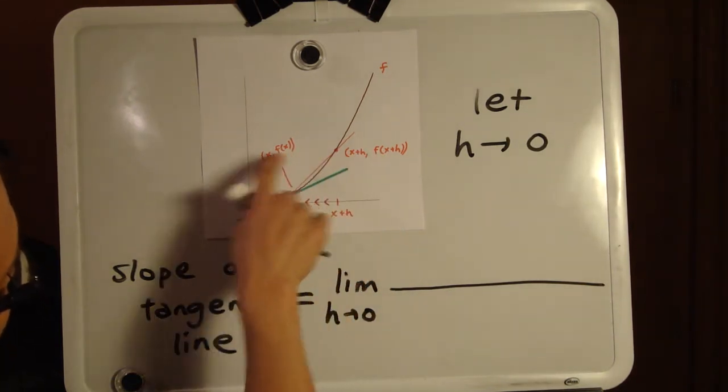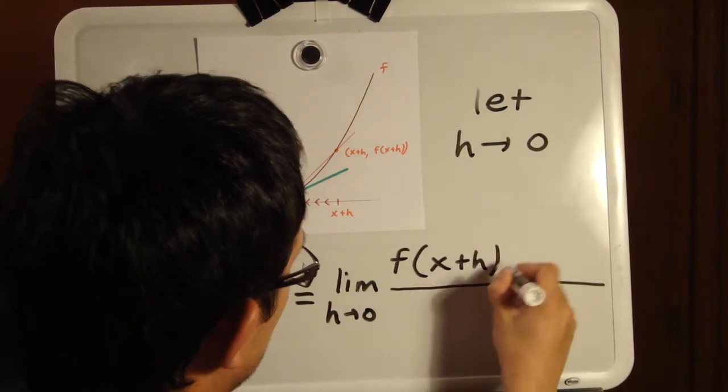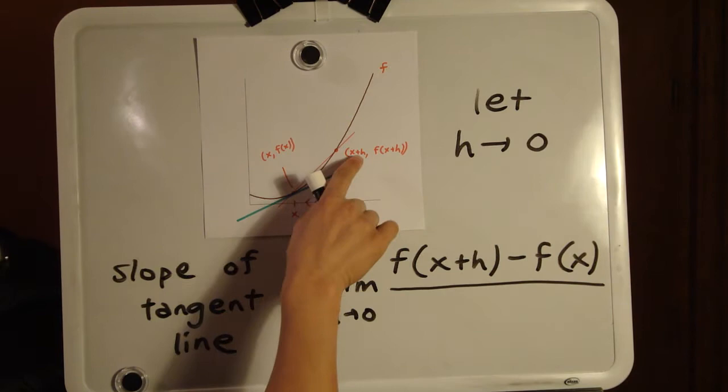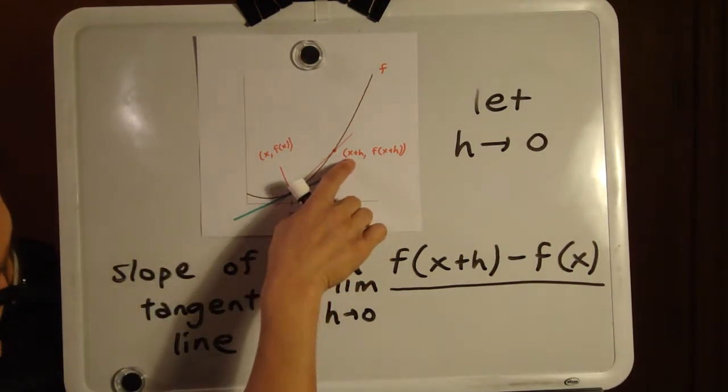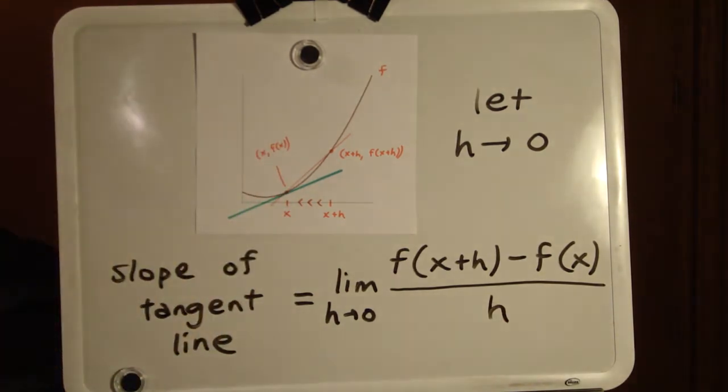So we're going to subtract these y values here, and then we're going to subtract the x's on the bottom: x plus h minus x. And that's going to leave us with h. So this is the mathematical definition of how to calculate the slope of the tangent line, aka the derivative.